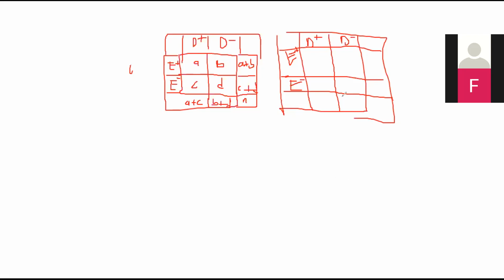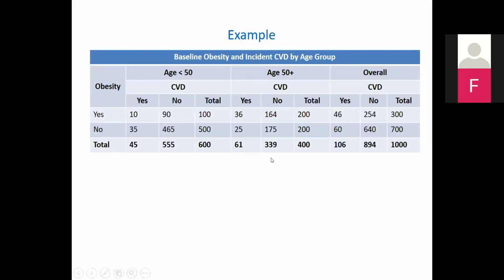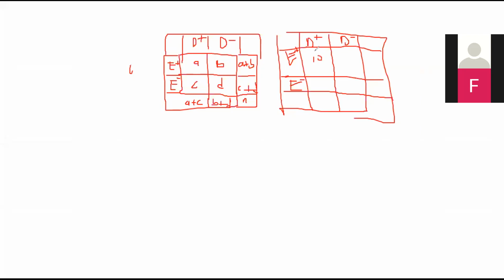Okay, let me just quickly check what we have in our table. 10, 19, 35, 465. Okay. So this is 10, 19, 35, 465. So this one is 100 here, total here.